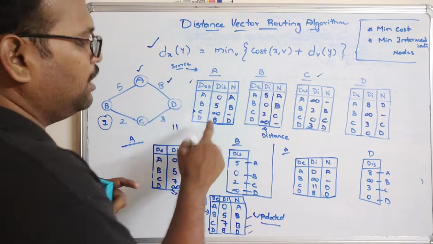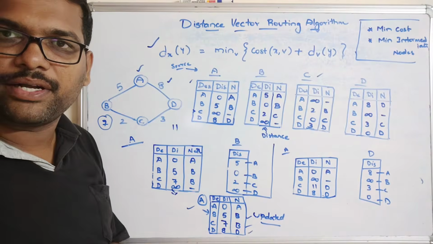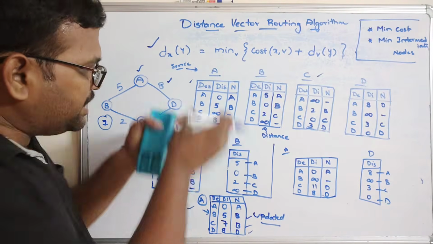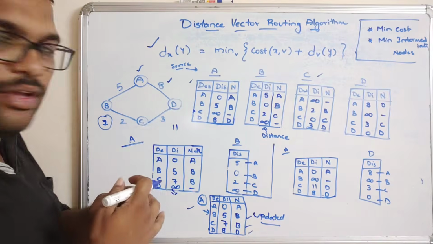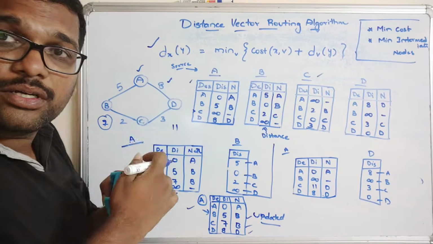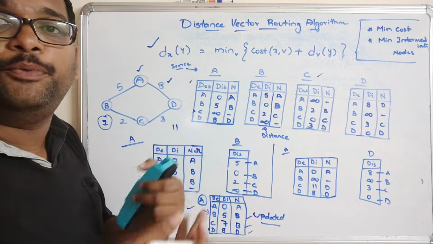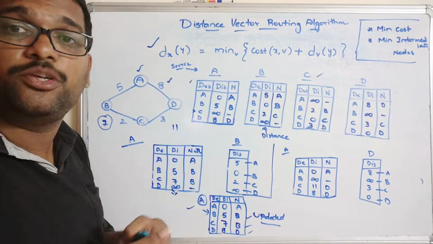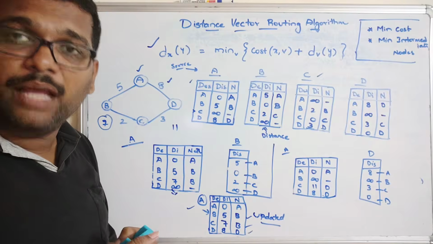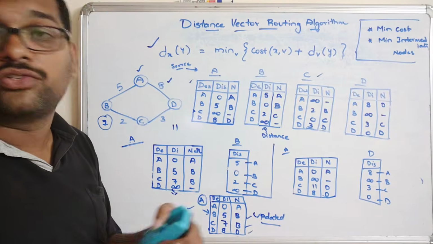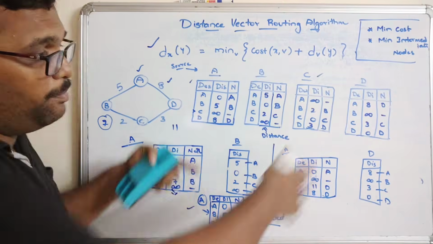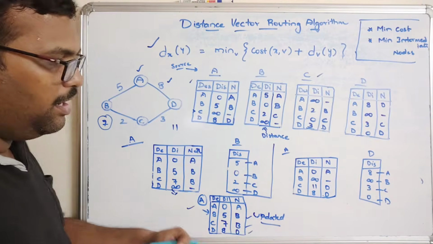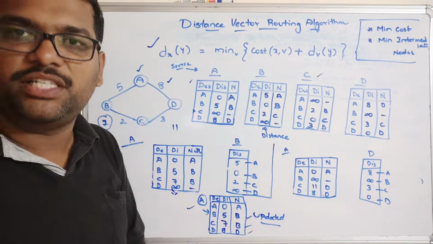And what is a vector? So this routing table we call a vector, right? So the same vector will be shared among the neighboring routers. So it is also called a distributed algorithm, because the same information will be distributed among the neighboring routers, and also iterative. So the same process will keep on iterating until there is no new information to be shared.